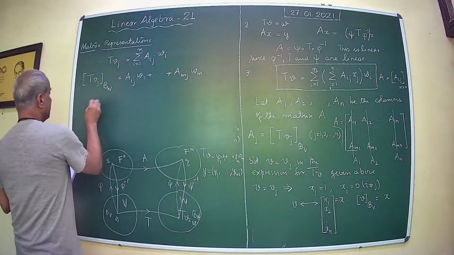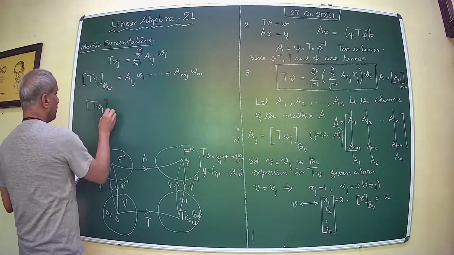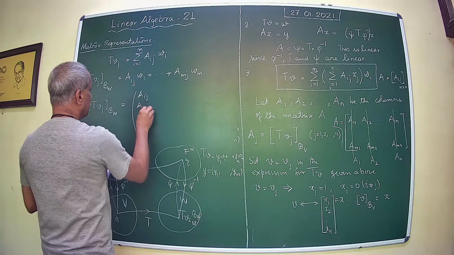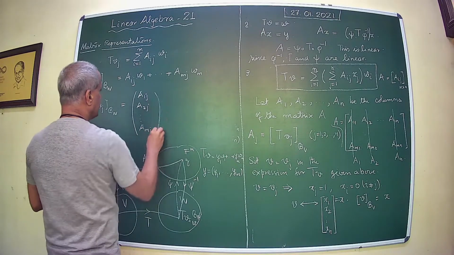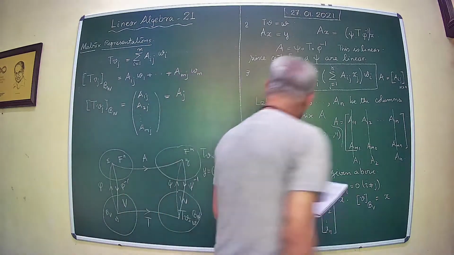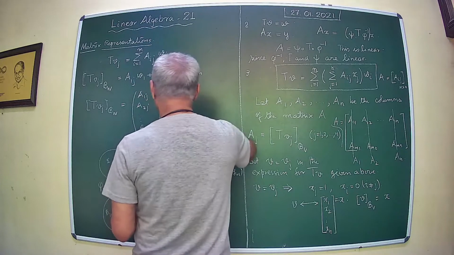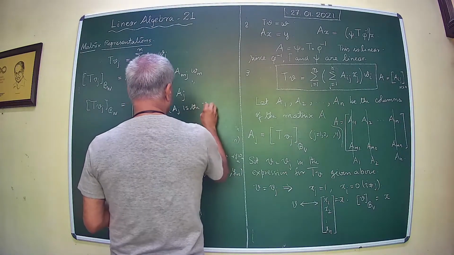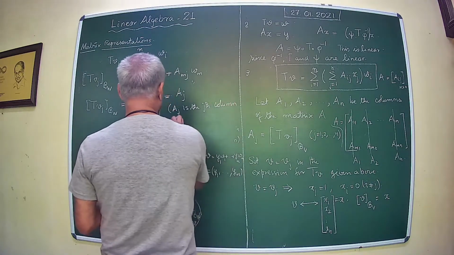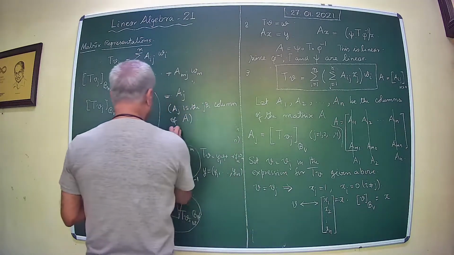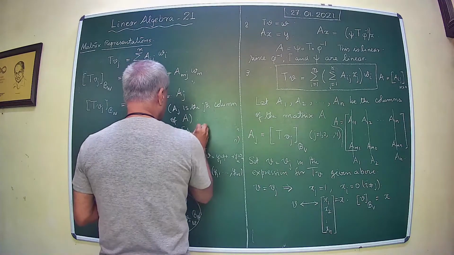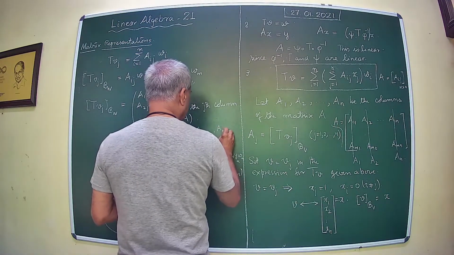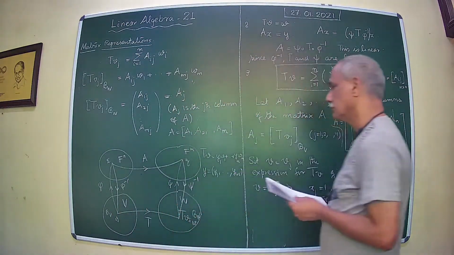Therefore TVj is equal to this, which I write as Aj, the jth column of A. Or I can write A as n columns. That's the notation.